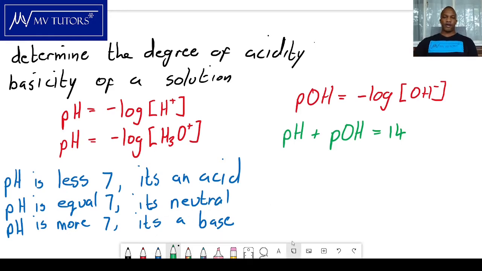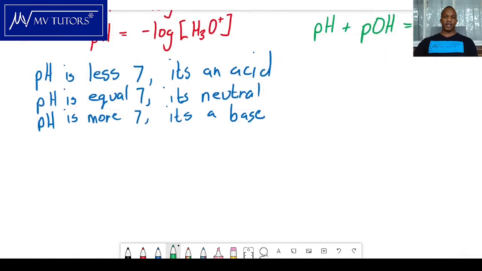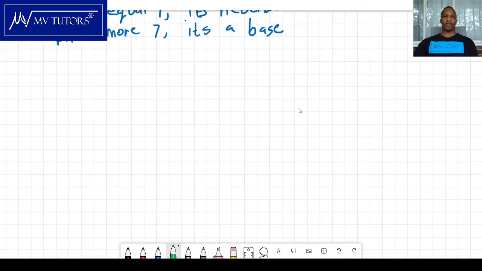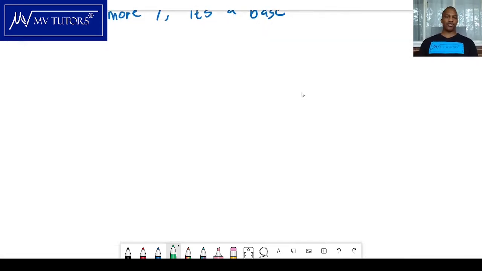Now I just want us to talk a little bit about strong acids and strong bases. So what is a strong acid or a strong base? Let's start with a strong acid. A strong acid is an acid that ionizes completely.